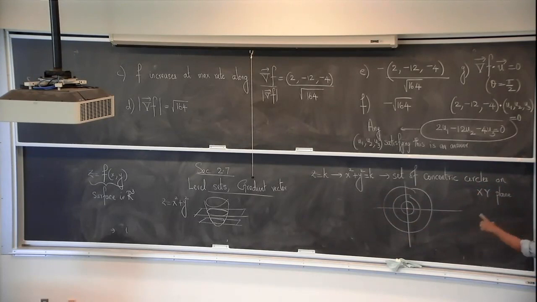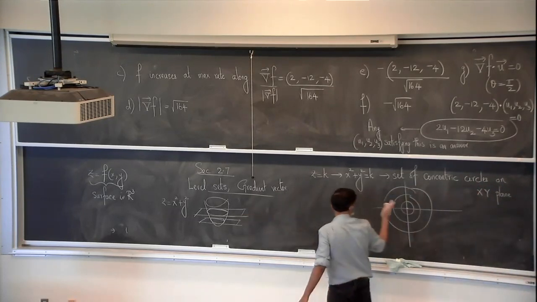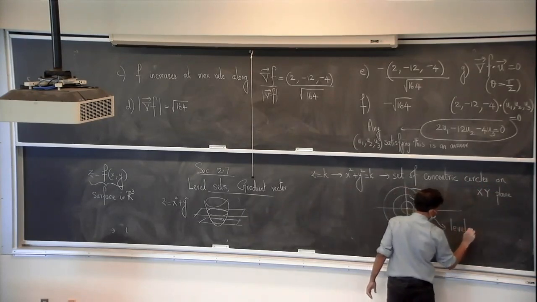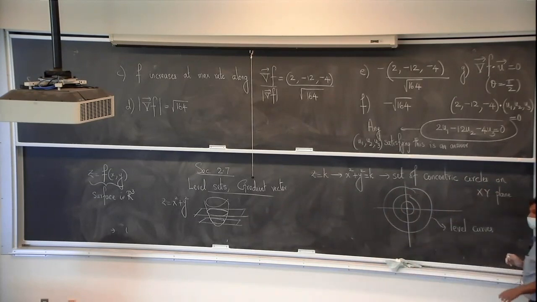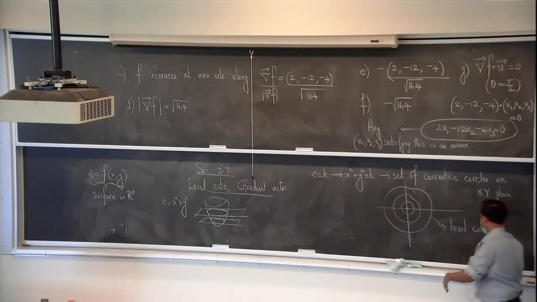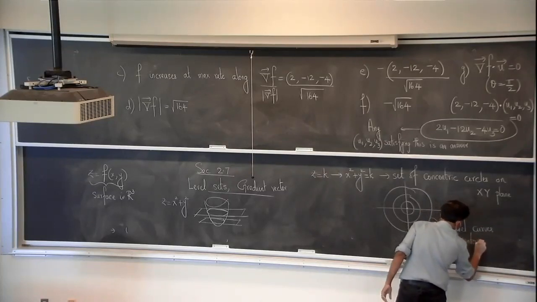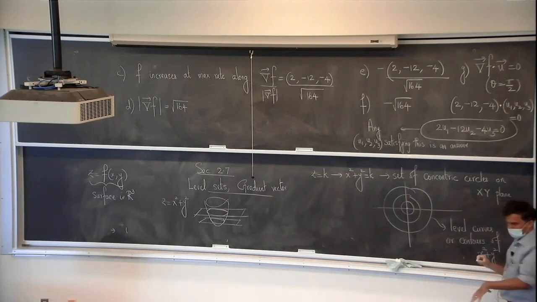These circles are actually curves in R2. This is a surface in R3. These are curves in R2. These curves are called the level curves. These are also called the contours or the shadow of that surface on the xy plane. Or the contour of x square plus y square on the xy plane.